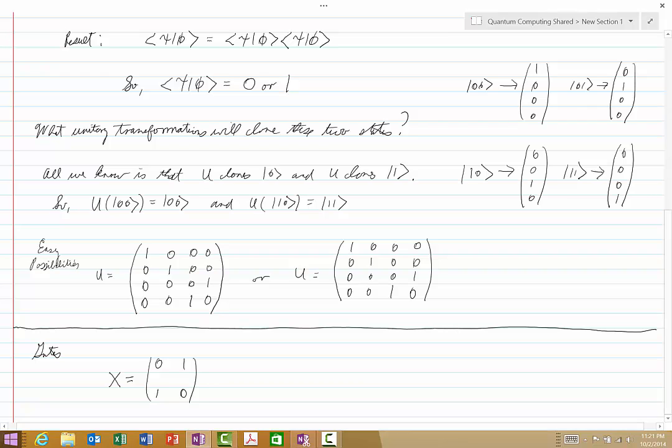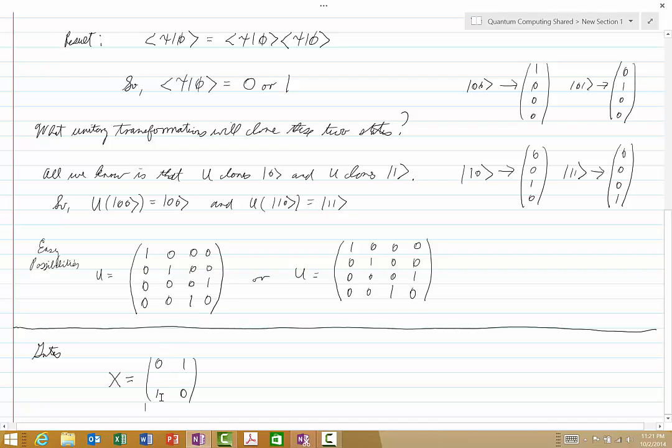And so you can see that this is a transformation. It acts on a 1 qubit state, and it would take the 0 ket to the 1 ket. How do we know this? Because the 0 ket is 1, 0. So since there's a 1 in the first entry and a 0 in the second entry, we want to look at the first column of X. And what is this first column?